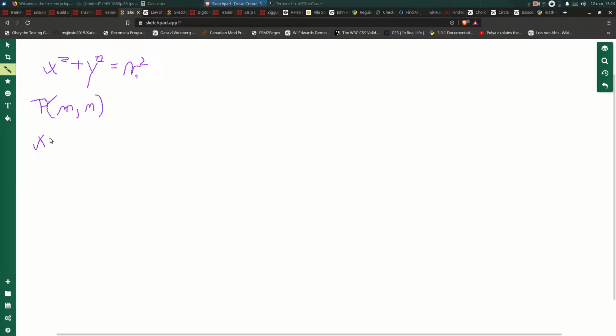Just (x minus m)² plus (y minus n)² equals r2², so the second radius.